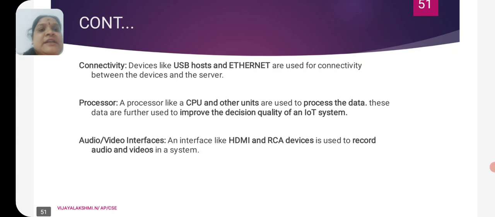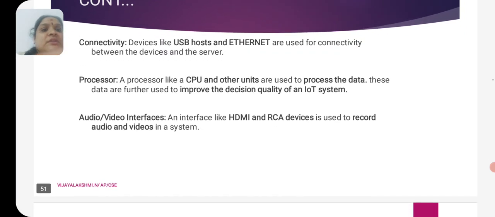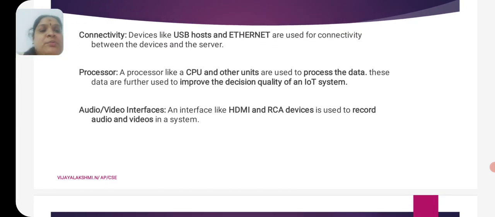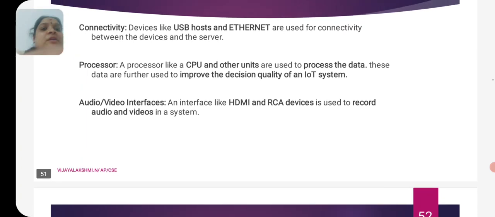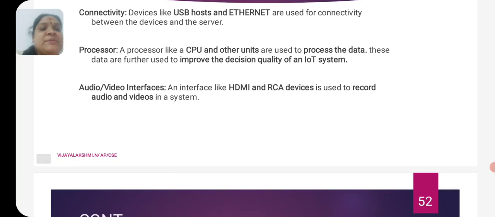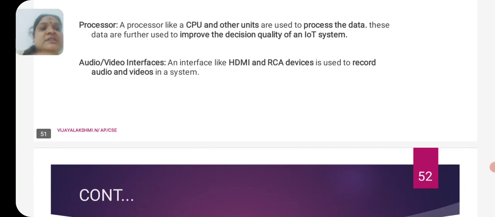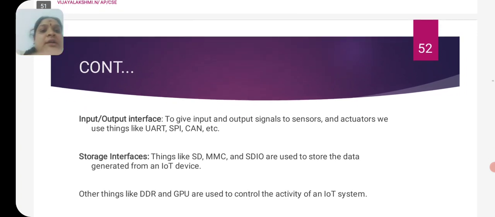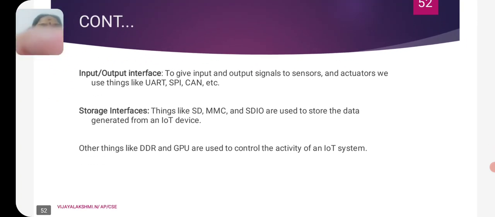The first thing is connectivity. With the help of USB host or Ethernet, we are connecting, and a processor, which we use to process the data. This processor will improve the decision quality of an IoT system. And we need to use an audio or video interface, for example HDMI or RCA devices, and an input or output interface, that is UART, SPI, and CAN.